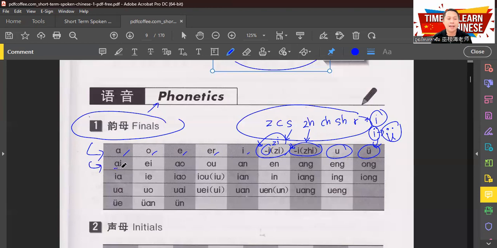Start from A and I. A is R, I is E, R plus E is I. Okay, again please.